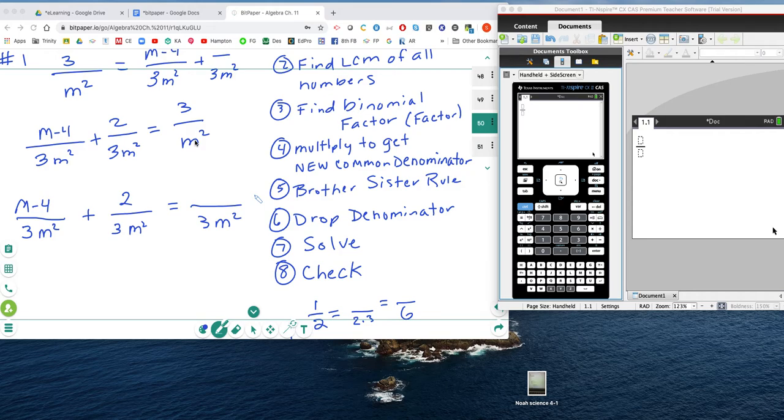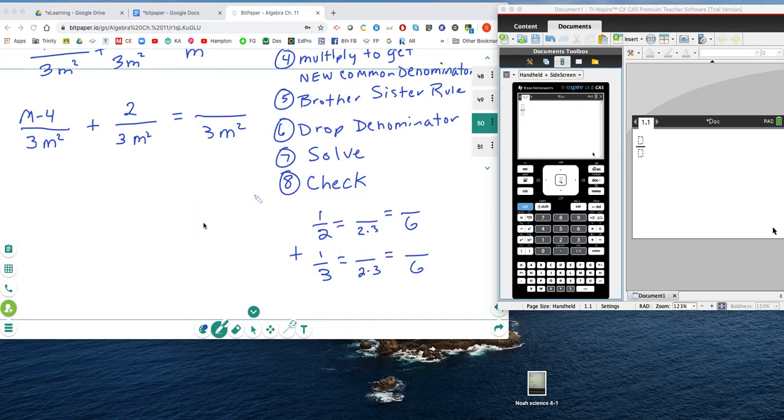Now we look at this denominator. This denominator does not match our new denominator. So just like we would do in fractions, where we multiplied the bottom by 3, we would also multiply the top by 3. Or if we multiplied this one by 2, we'd also multiply this one by 2.